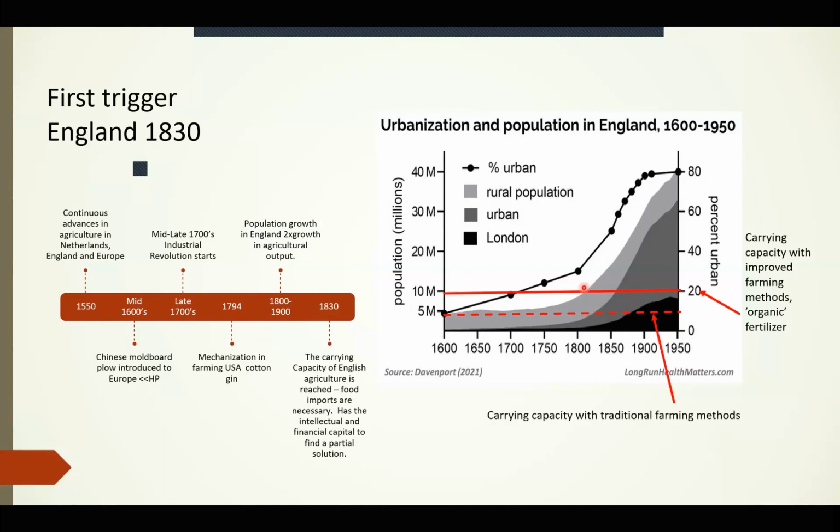And this is a really big problem because you've got to go buy food. Fortunately, England has got money to buy food, but they still have to solve their agricultural yield problem. This is partly where the Rothamsted experimental station comes in, and they're looking at fertilizer to increase the yields. Okay. This is the first trigger. They literally need food.